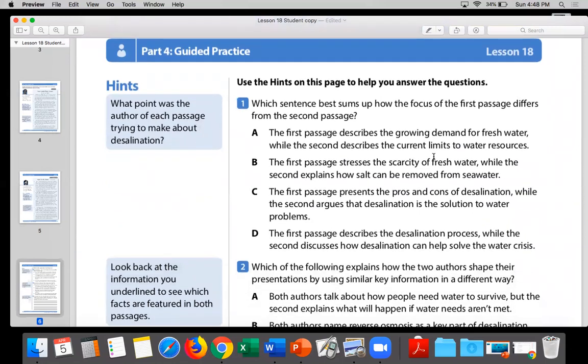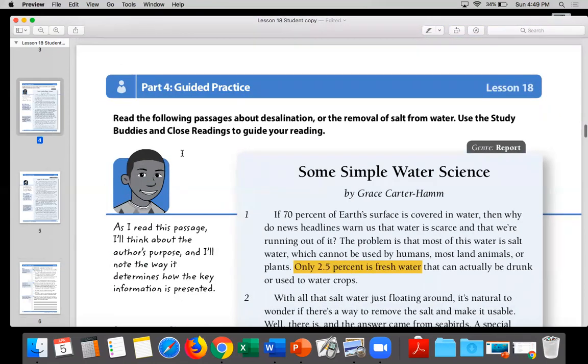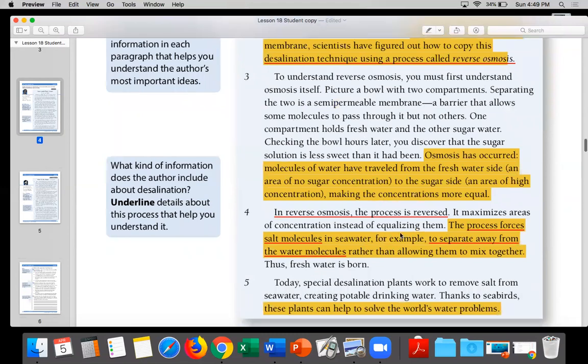All right, number 1. Which sentence best sums up how the focus of the first passage differs from the second passage? So what point was the author of each passage trying to make about desalination? This one seemed to tell us all about how desalination worked.